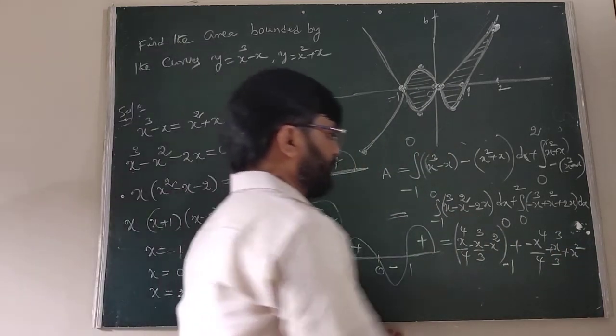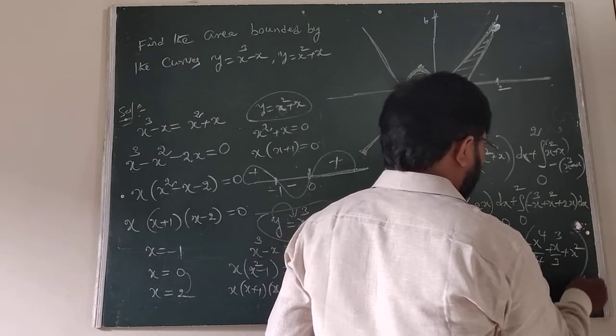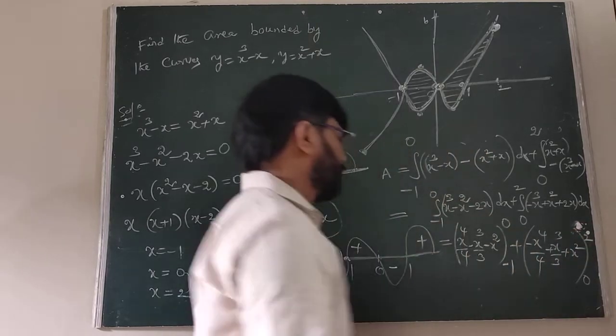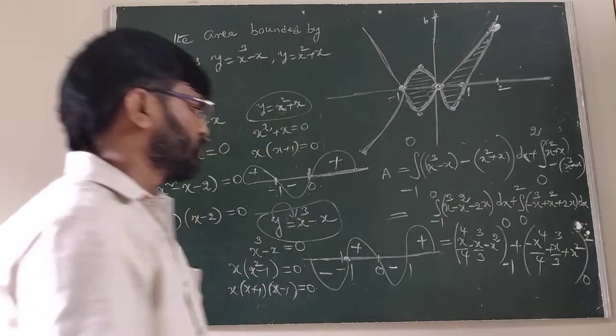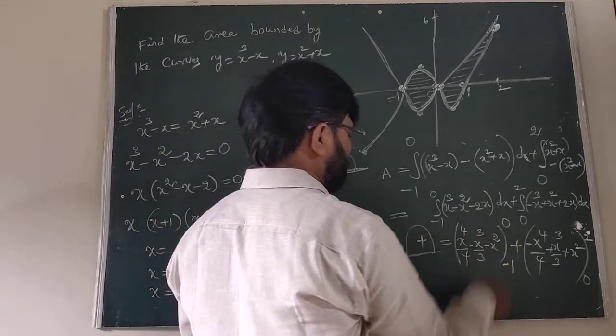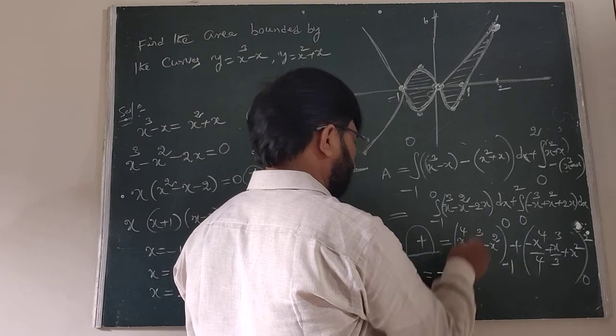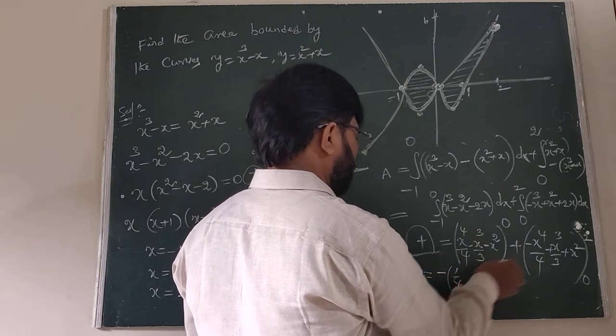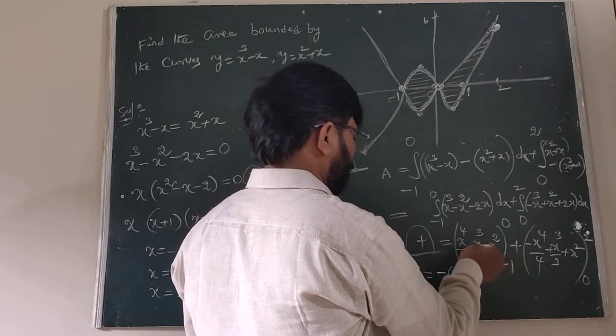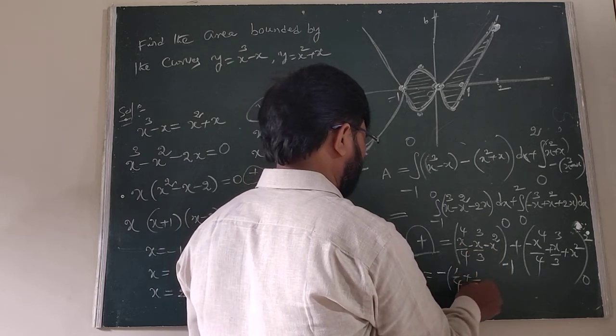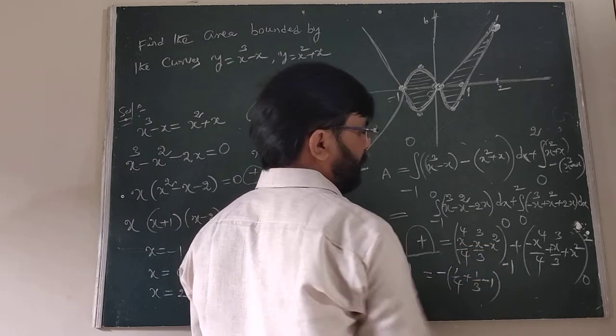Now we apply the limits. When we take 0, this complete part is 0. Now the minus of 1 by 4, minus 1 cube is plus 1 by 3 minus 1.